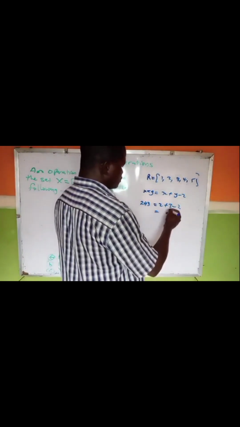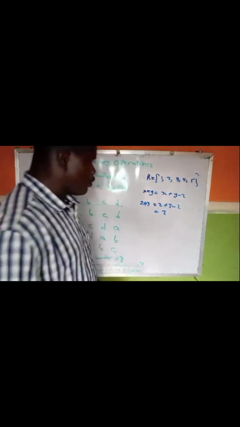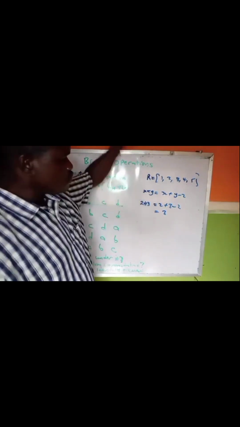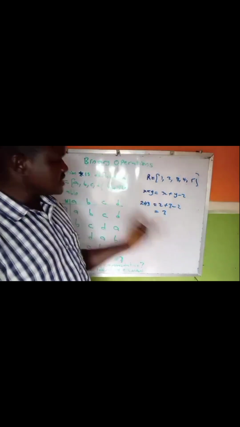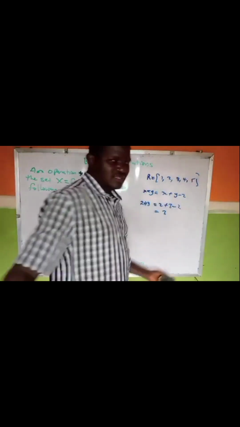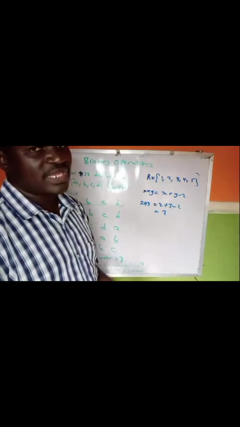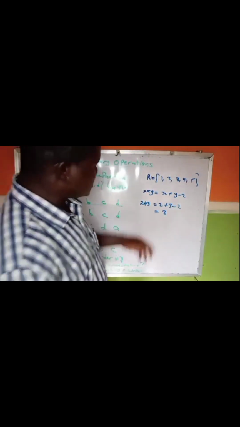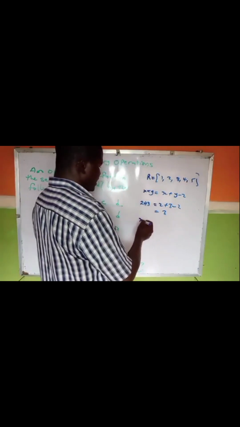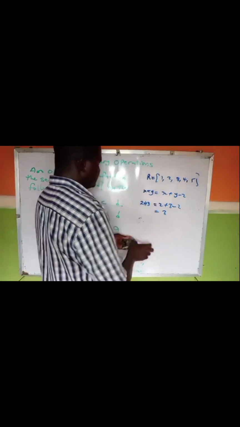So your answer is going to be 3. If they ask you whether this set is closed under this operation, you say it is closed. Why? Because this 3 here is present here. That is the meaning of closure, whether it's closed or not. But if the number you get, for instance, if you define this one as what?